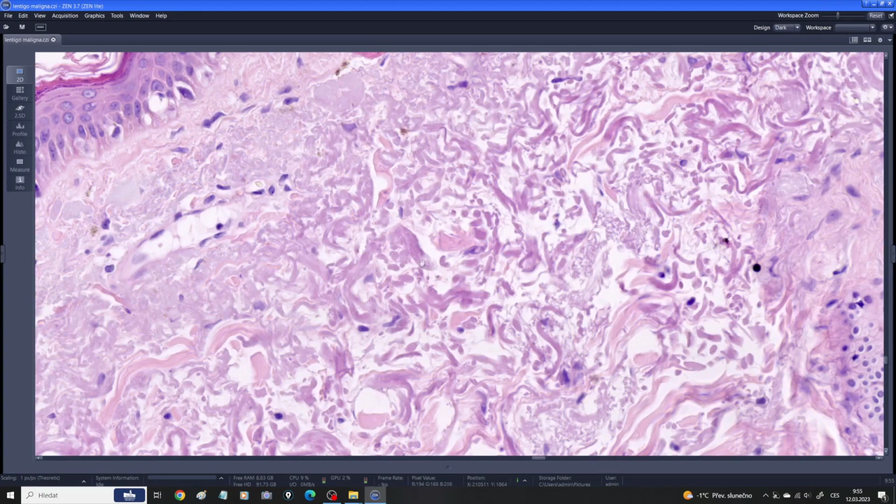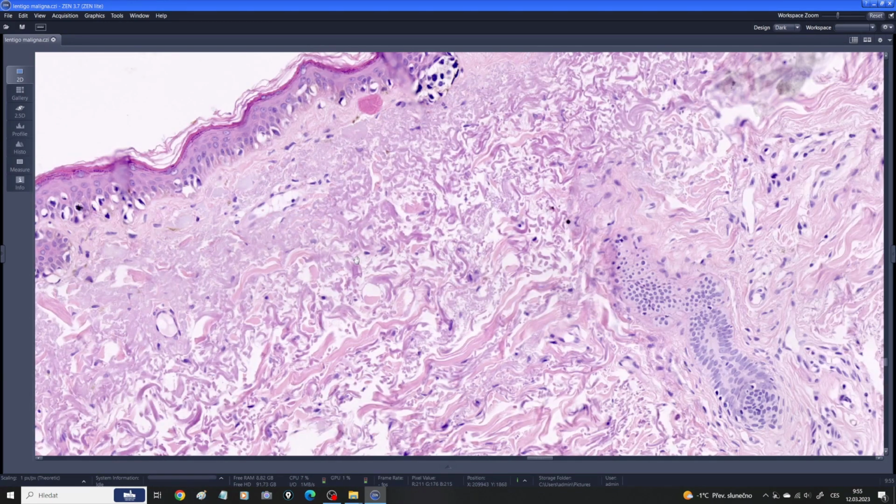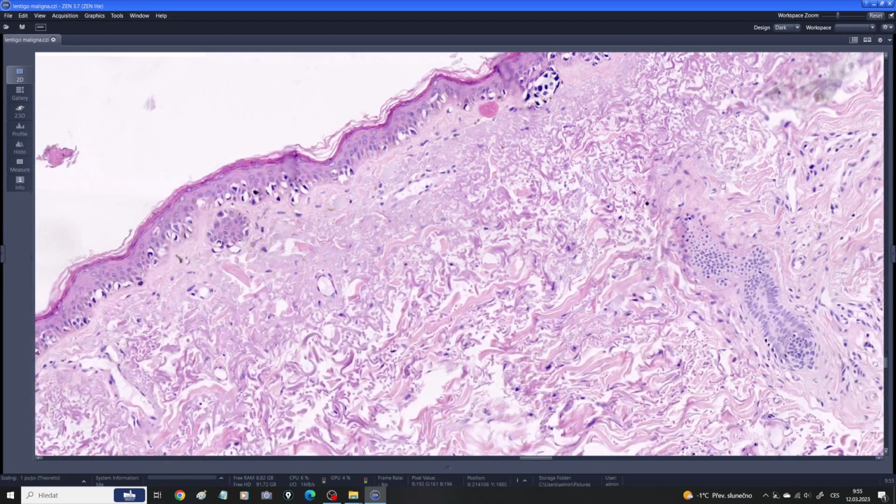They would be positive in stainings for elastic fibers, and this is the sign of solar elastosis. So this is degeneration of the elastic component of the dermis as a consequence of long-term UV exposure. And we call it solar elastosis.